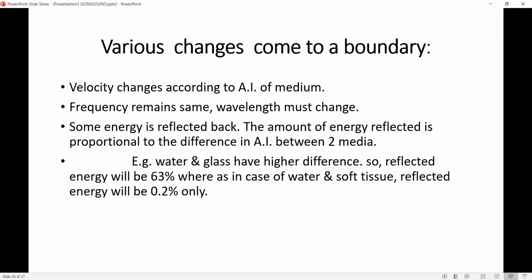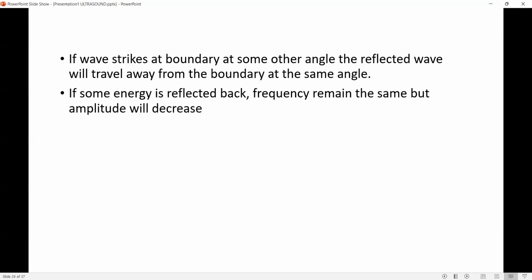For example, water and glass have a higher difference, so reflected energy will be 63%, whereas in the case of water and soft tissue, reflected energy will be 0.2% only. If a wave strikes a boundary at some other angle, the reflected wave will travel away from the boundary at the same angle. If some energy is reflected back, frequency remains the same but amplitude will decrease.